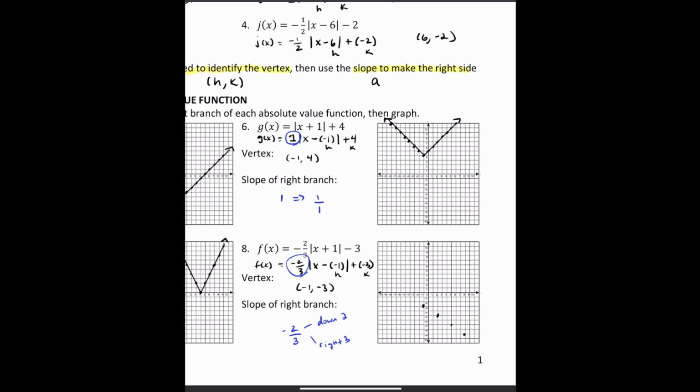And then we're going to go back to the vertex, and we're going to mirror that. So it's going to be down 2, left 3. So down 2, left 3, down 2, left 3, down 2, left 3. And that is our V-shaped graph. So I'll go ahead and connect the dots.